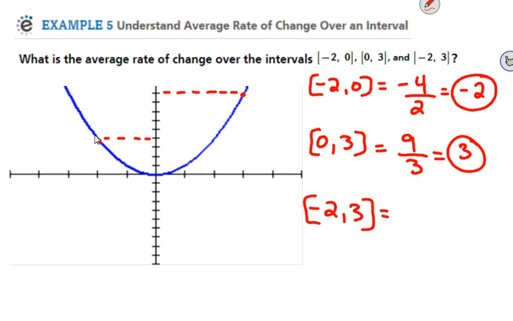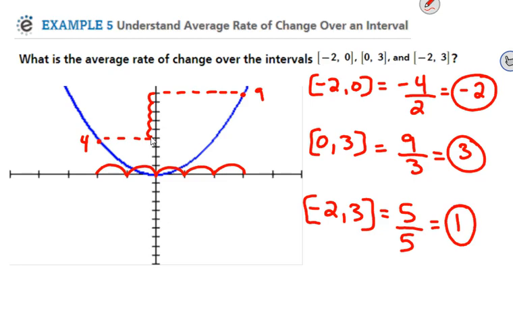So this has a y value of 4. This has a y value of 9. So our rise is 5, 1, 2, 3, 4, 5. And our run is 1, 2, 3, 4, 5. 5 over 5 is 1.